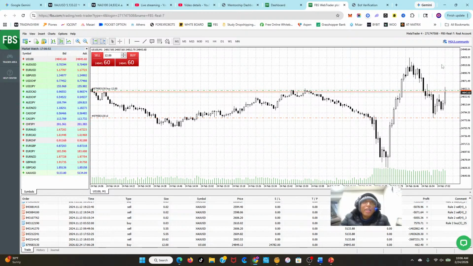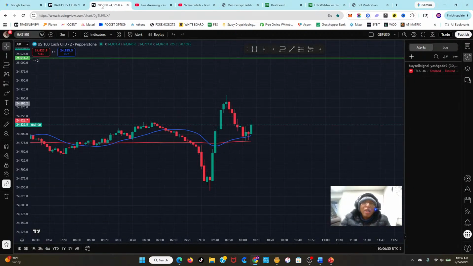My thinking is, you see these arrows, what are these wicks at the bottom here? It's wicking at the bottom, telling me there's momentum to go up. However, you can see there's a lot of pushing down. Okay. Another massive wick at the top.